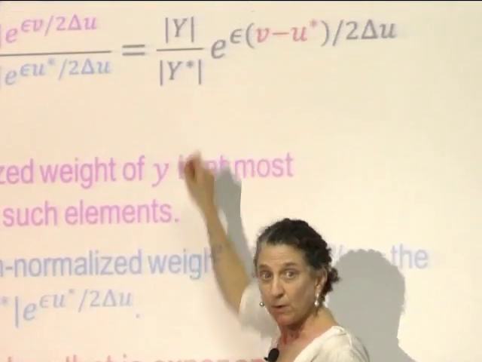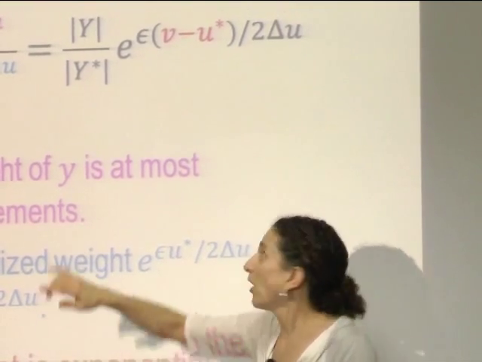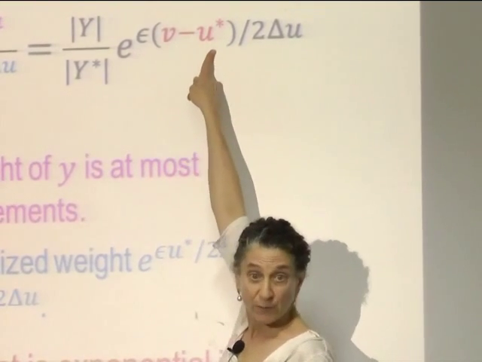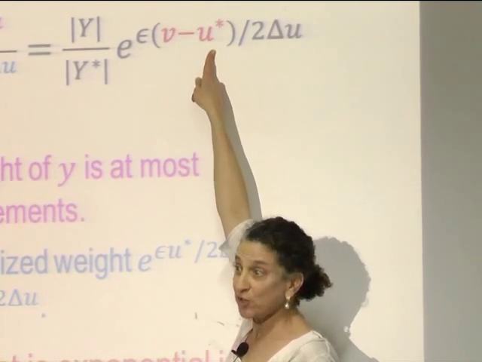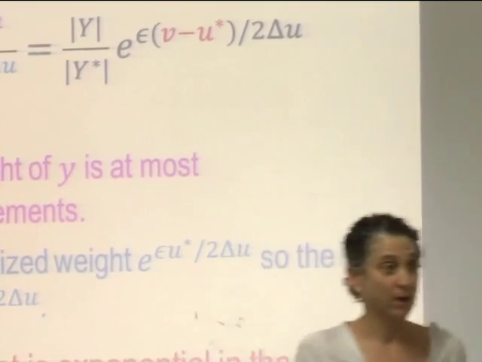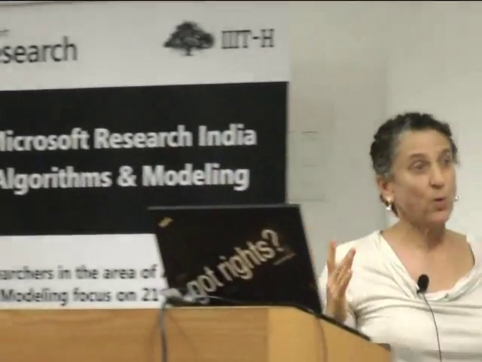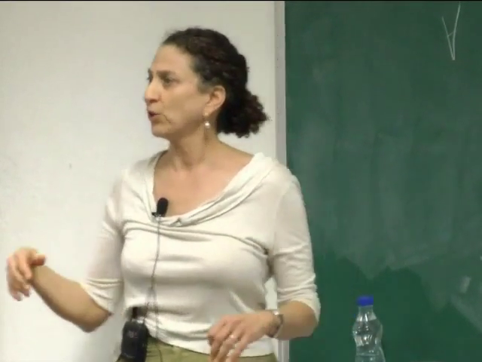All right? What's making it small? v is smaller than u star. This quantity is negative. The smaller v is, the exponentially faster this term is becoming small. So the |Y| over |Y star| term is fighting with the drop that's exponential in the drop in utility. And that feels like a good thing. It is a good thing.